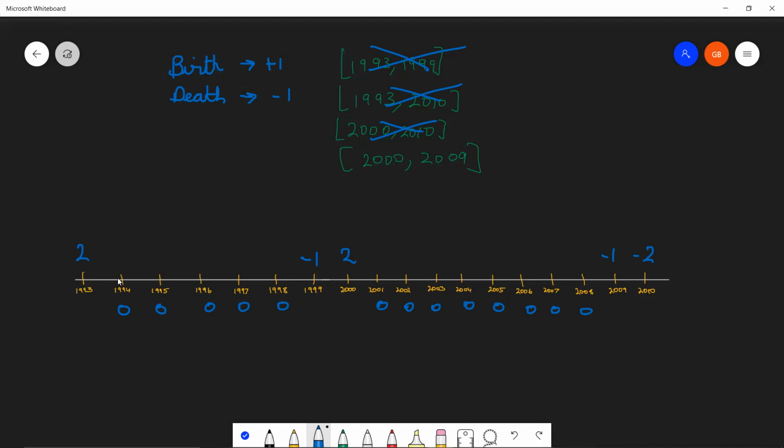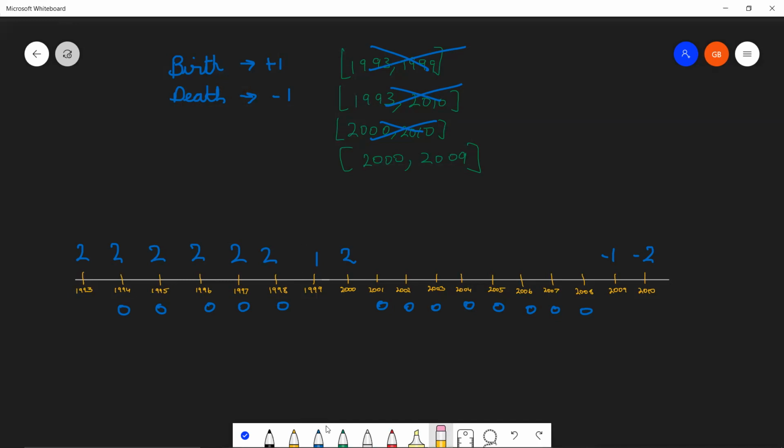sum. The cumulative sum till 1994 will be 0 + 2, 2. Again 0 + 2, 2. Again 0 + 2, 2. And I think this goes up till here. Then cumulative sum will be -1 + 2. That gives us 1.